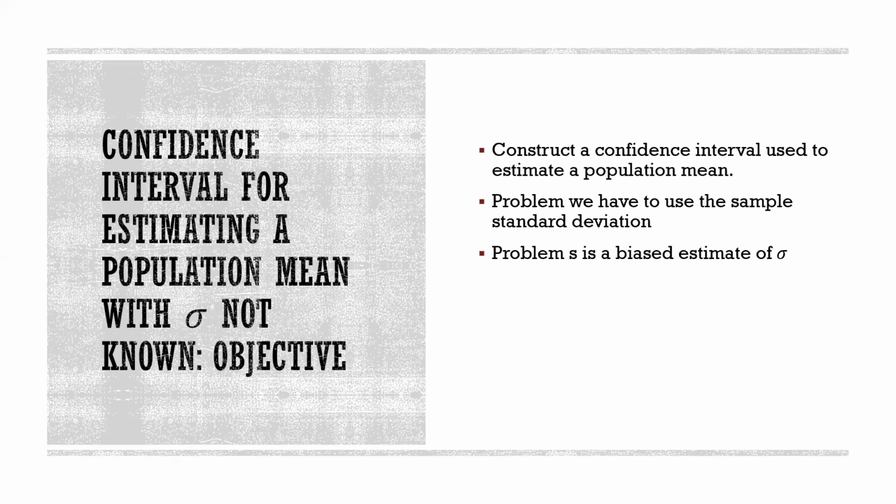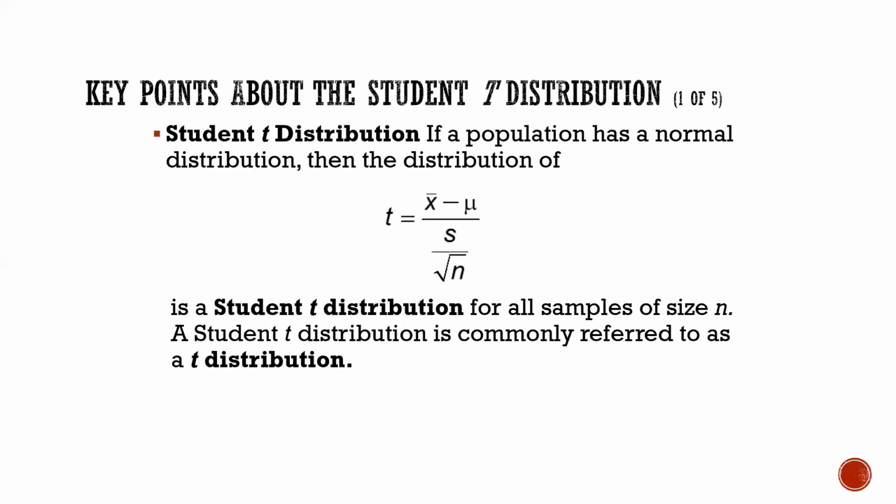And we can account for this. To account for this bias, that leaves a little bit more doubt. So instead of using the normal distribution, which we've been using, we are going to use something called the t-distribution. It's actually called the student t-distribution. Notice the calculation for t is the same as the calculation for z, except for what difference?